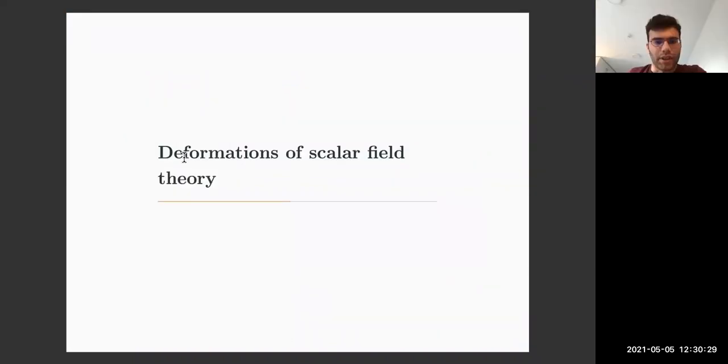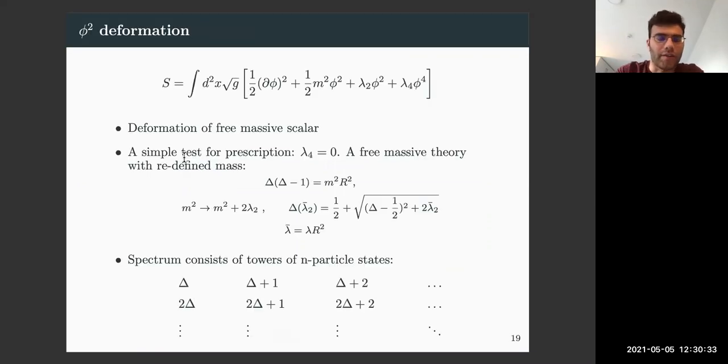Okay, so let me go ahead to the examples. First we take the deformation of scalar field theory. In particular, we study phi squared and phi 4 deformations, as you can see here with lambda 2 and lambda 4, and we start from the free massive scalar.